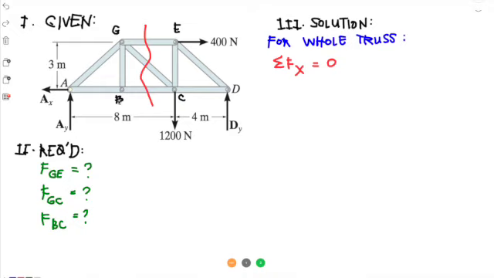So the force 1200 newtons will turn it clockwise, the force 400 newtons will also turn it clockwise. So it just makes sense that you make the reaction at dy to be going up, so that the moment at A will turn it counterclockwise to oppose the two clockwise moments.